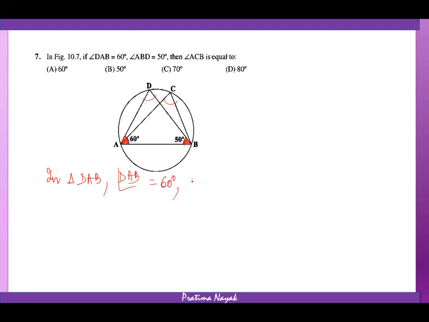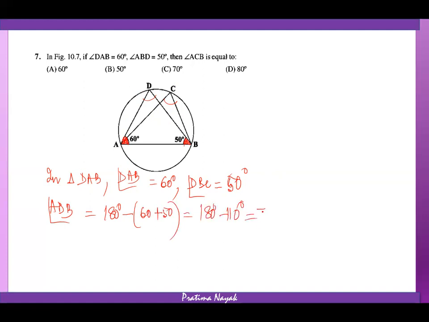In an MCQ question, no need of writing all the things that I am writing. For your understanding, I am writing. You can think mentally, you can write down. So angle ADB is equal to 180 minus (60 plus 50). 60 plus 50 is 110, 180 minus 110, that will be 70 degree.